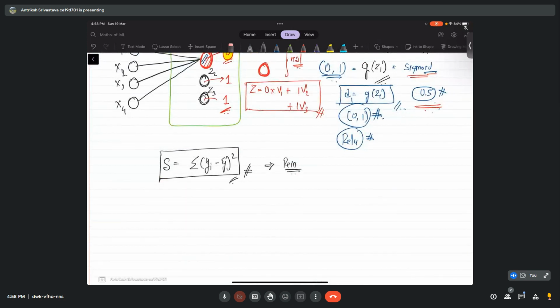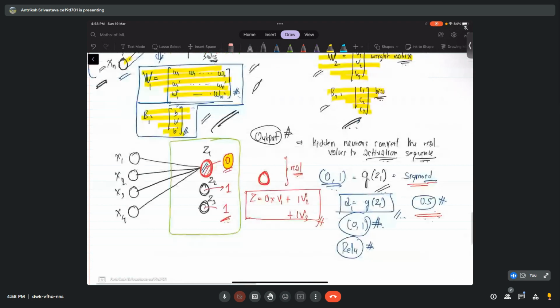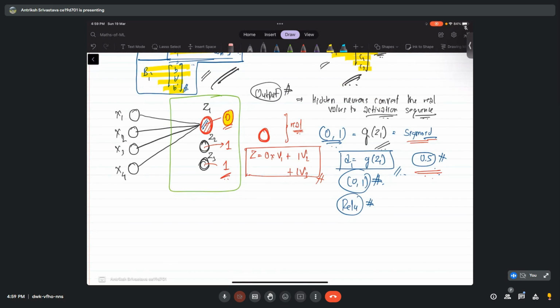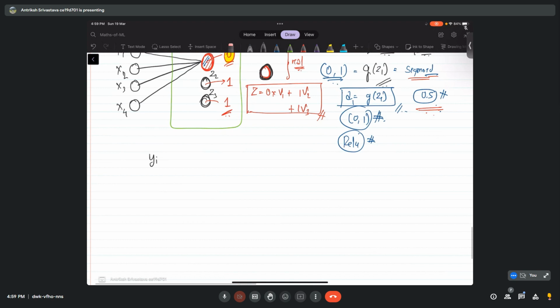It can be stochastic gradient descent, normal gradient descent, reinforcement learning, or genetic algorithm. All these things can be used. But basically, how do we train our model? We train our model by minimizing the error, the difference between the output that you get from here and the output that you already have, the observed data.